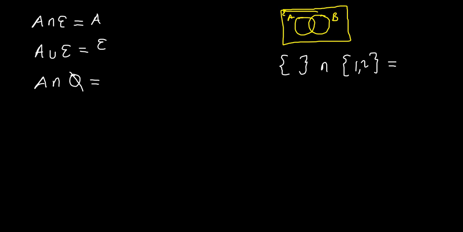What elements do you find in this set and also in this set? So basically, there's nothing common between an empty set and any set. So the intersection of a set with an empty set is always an empty set. And then the union of a set with an empty set is that same set, because you are combining. Union is combining. These are simple laws, but you need to know them.